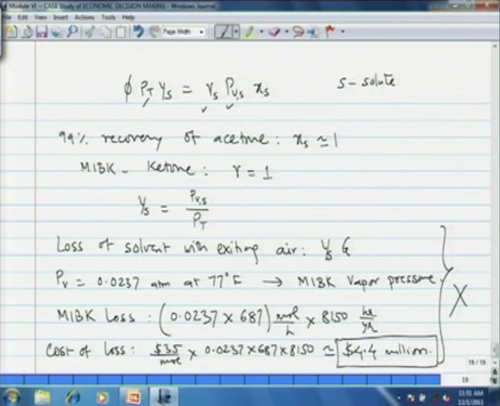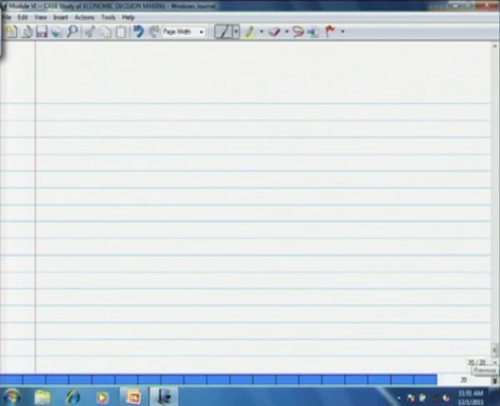It is a good idea to see the cost of other losses from the process. Like as I mentioned to you in the previous lecture, acetone exits at 3 locations. First is the acetone traces that are left with the exiting air, second, acetone traces that are left with the water that is coming from the distillation column, which is then fed to the sewer, and then the pollution treatment cost.